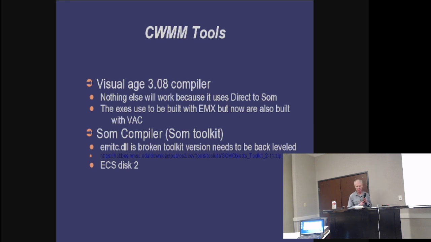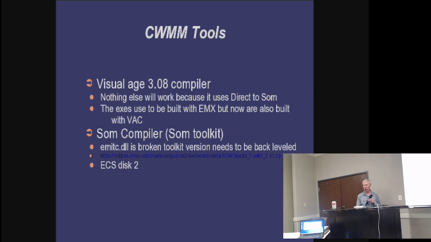It was actually built with EMX for its executable files, the players themselves. Just to be more straightforward, I now have them all built with VAC, so it's all VAC stuff.